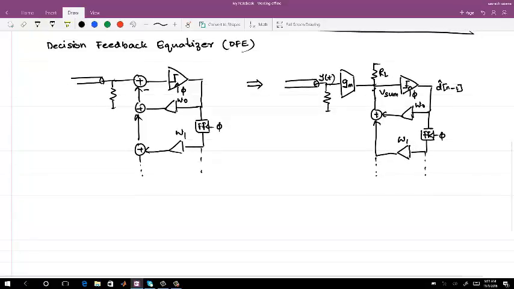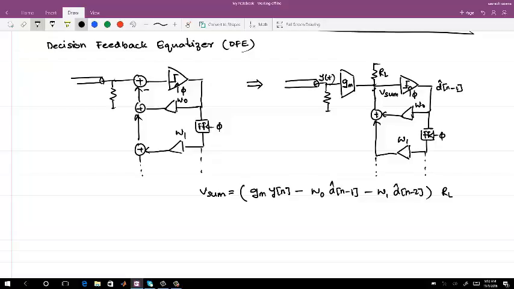Let me write the expression for that, where V sum equals GM times y of n minus W0, if W0 is a current gain, W0 times D of n-1 minus W1 times D of n-2, times RL.